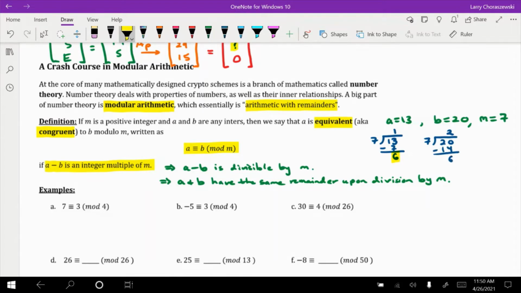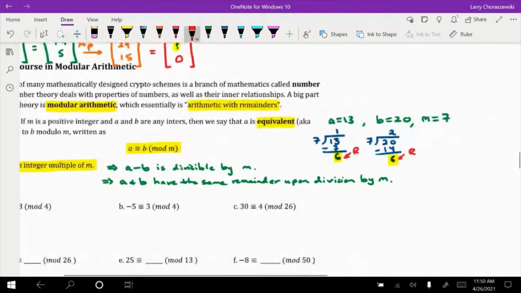Again, 6 is our remainder because 7 is too large to fit into it. So since the remainder in each case is 6, what it implies is that 13 is congruent to 20 mod 7.